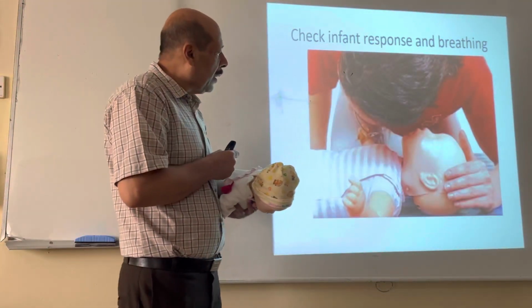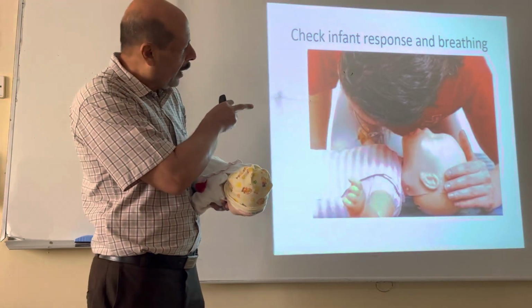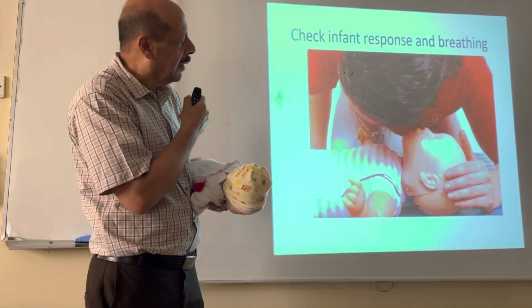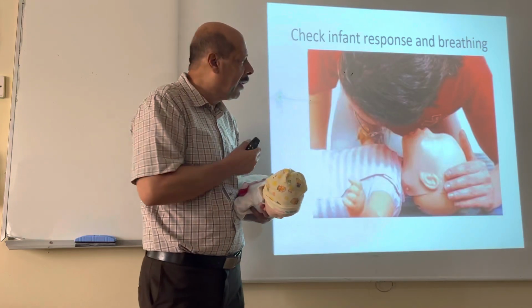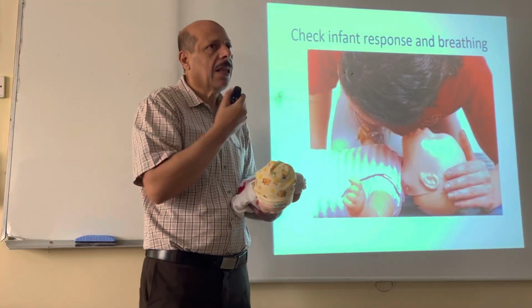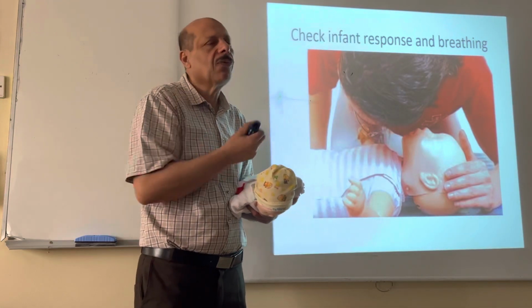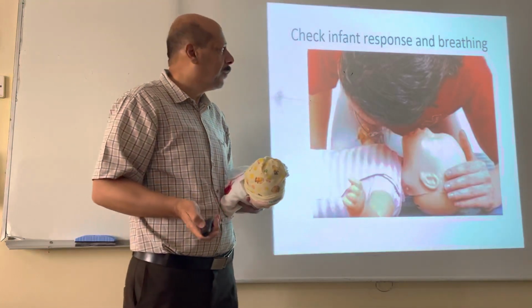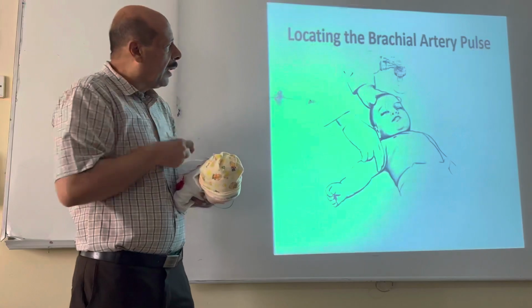So this is how I check. See, he is looking at the chest, and his ear is beside the infant's mouth, to hear the air which is coming out, and to feel if the air of expiration is coming out.